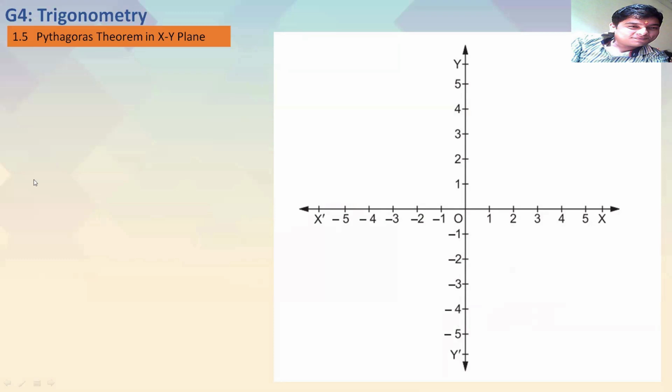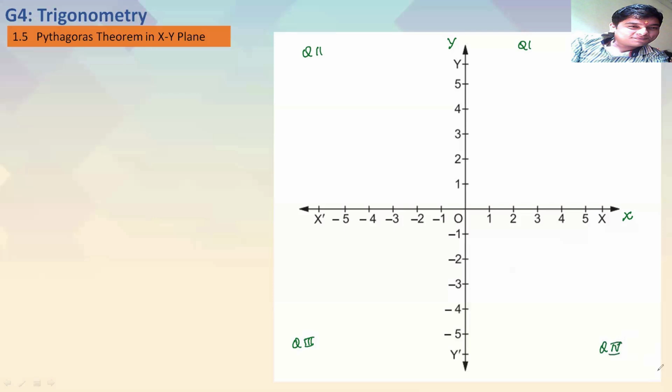Now, this plane surface has been divided into 4 parts by means of 2 numbered lines, mutually perpendicular, X and Y. The 4 parts are known as quadrant 1, quadrant 2, quadrant 3, and quadrant 4.